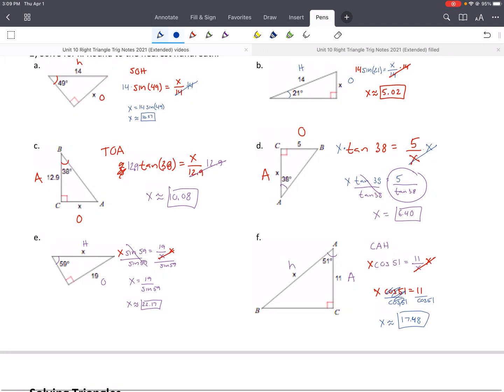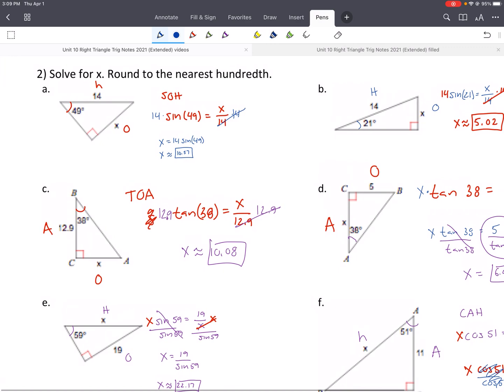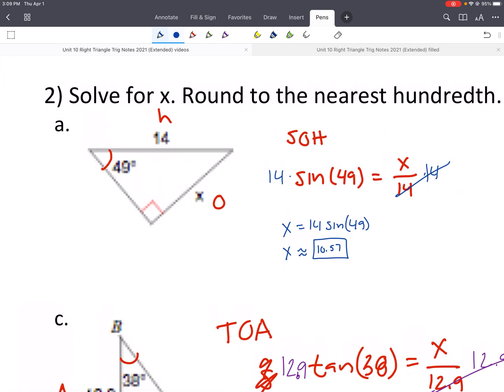Okay, so let's just recap real quick. If we're missing a side, we still need to label our sides based off of the reference angle. We'll need to figure out which trig ratio uses that reference angle, whether it be CAH, or TOA, sine, cosine, or tangent. And then one of our sides will be x, and we need to solve for that.